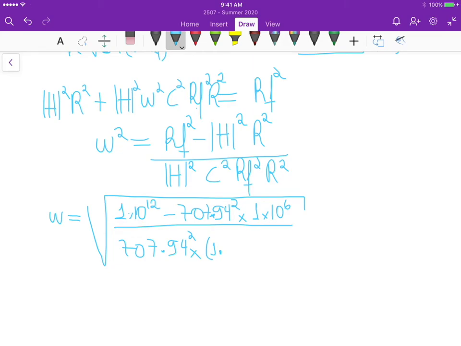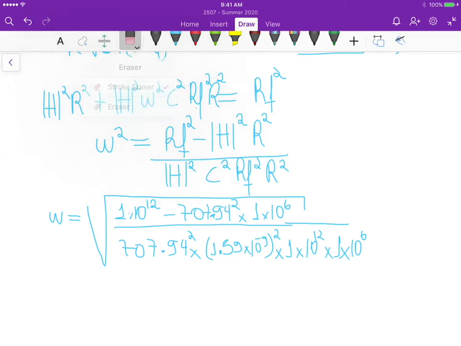The capacitance is 1.59 times 10 to the minus 9 squared, times 1 times 10 to the 12 because it's 1 mega squared, times 1 times 10 to the 6 because that's R squared.